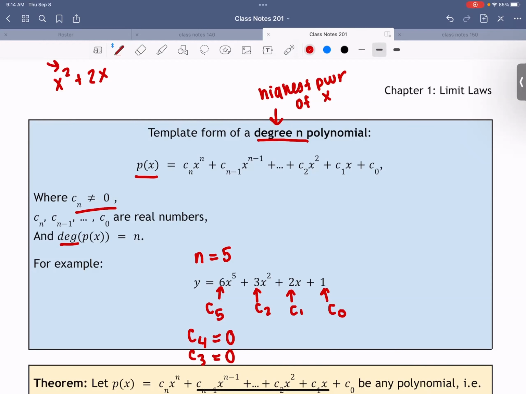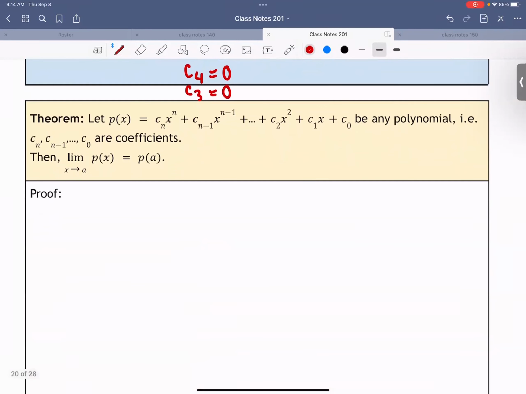Okay. Are we all pretty good on notation with polynomials? All right, so we have a theorem. Instead of going through that whole thing we went through with the other polynomial, trying to find the limit based on those basic little limit laws, we have a nice theorem that tells us if we have a polynomial with the Cn all the way to C0, where all these C's are coefficients, the limit of the polynomial is P of A. What is that telling us to do essentially?